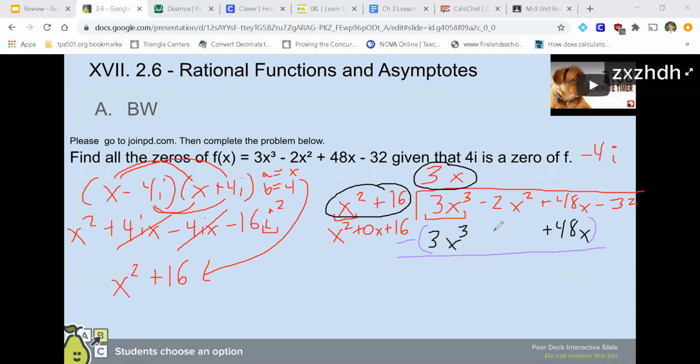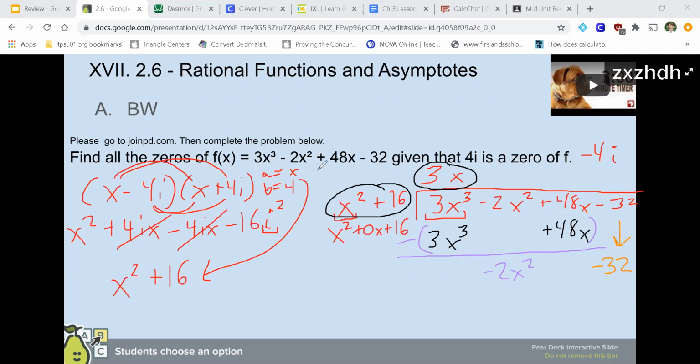Negative 2x squared minus nothing is negative 2x squared. 48x minus 48x is 0. And then I drop down my next term, negative 32. And then I repeat the whole process again.